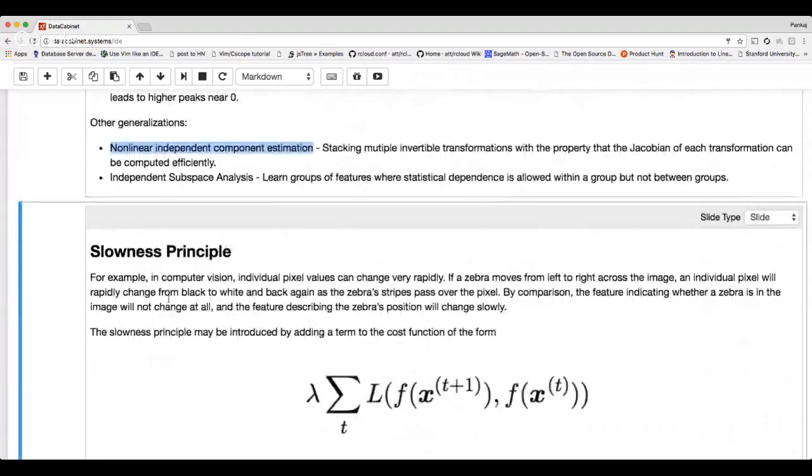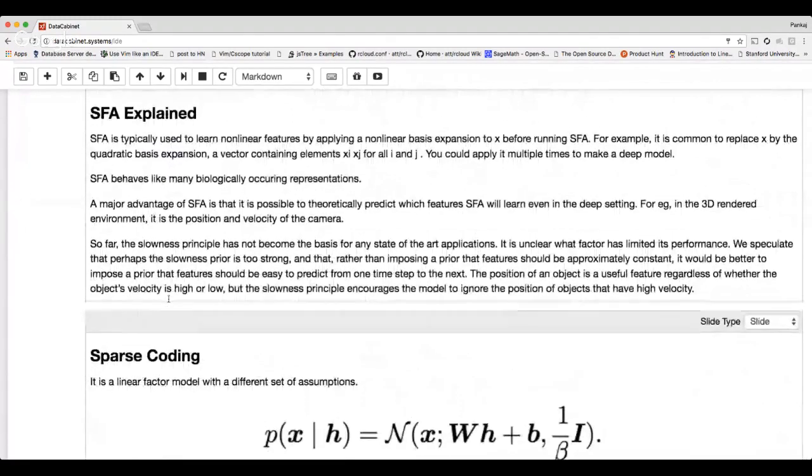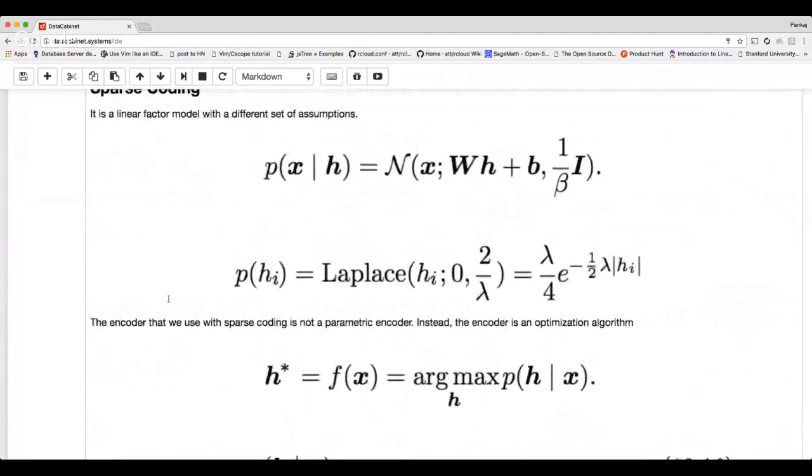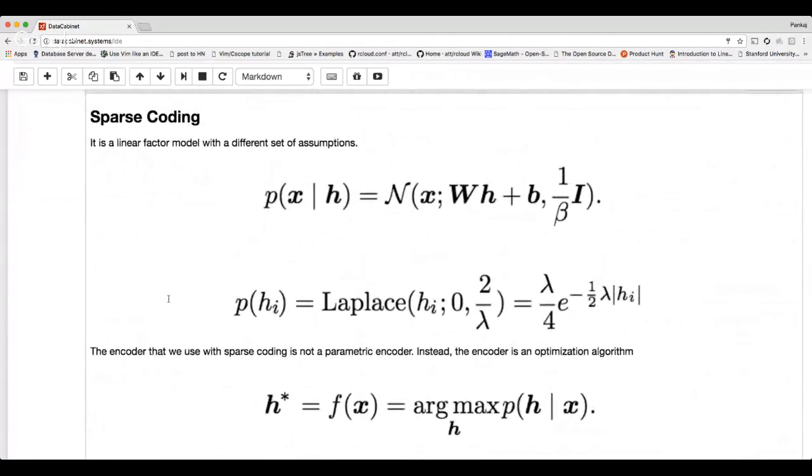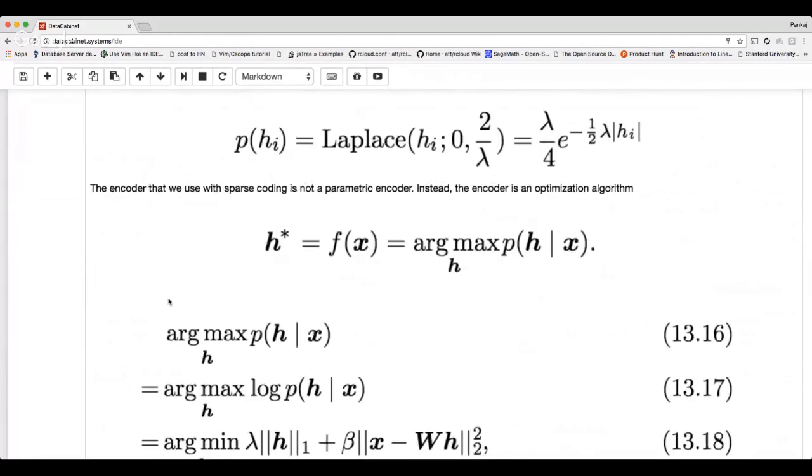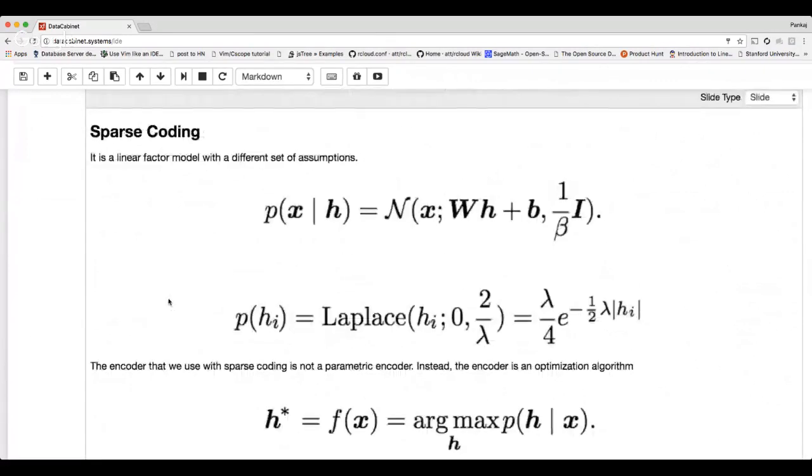Cool. So that's the slowness principle, and then there is sparse coding. This is a little different from the previous one.